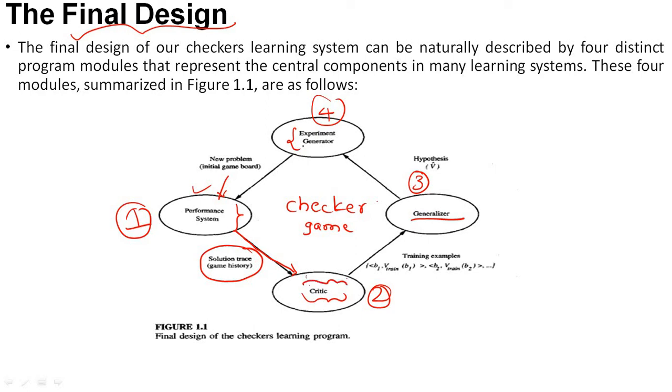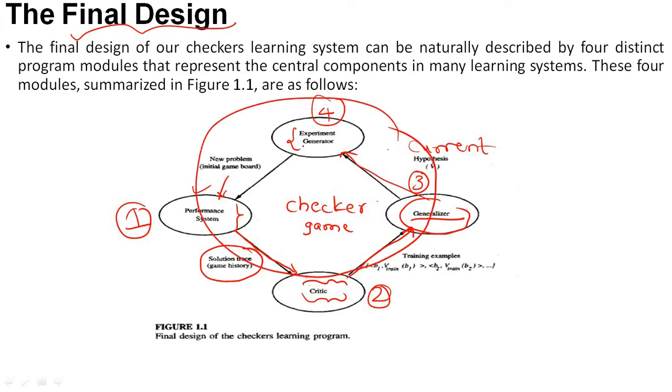Then it will go to the generalizer, which will generalize that hypothesis, and that current hypothesis will go to the experimental generator. Again the experimental generator will generate some new experiments, and that is given as input to the performance system. So this is a cyclic diagram, okay, this becomes a cycle.